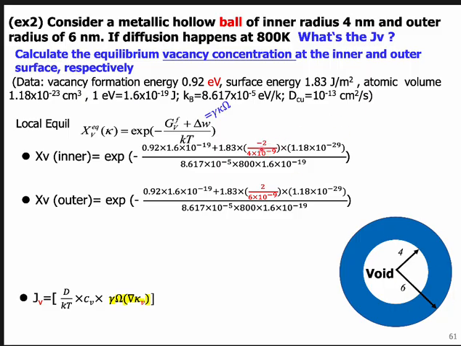So it's 2 divided by the radius. This is the inner, so I put the radius as 4 times 10 to the negative 9. And this is the inner, so don't forget the sign for kappa is negative. As we mentioned before, no matter whether you put atoms or vacancies on the surface, kappa should be positive for the convex region, but for the concave region, no matter whether it's an atom or vacancy, it should be negative. So we'll put a negative here. And omega is the average atomic volume, just copy it here.